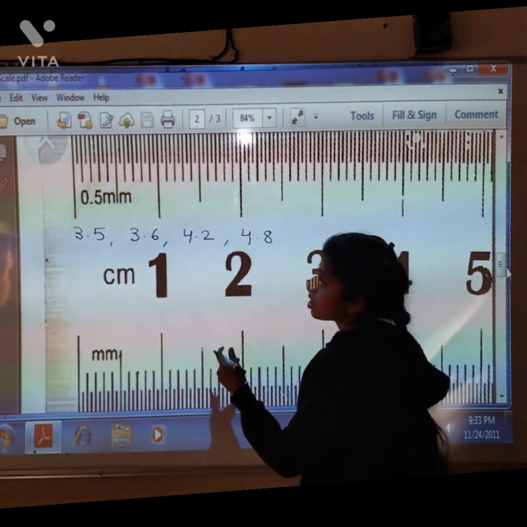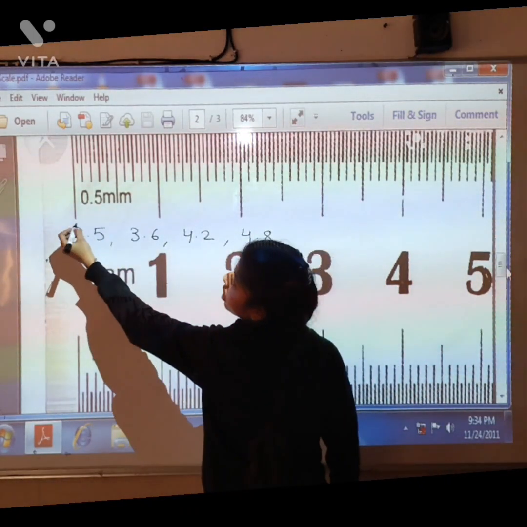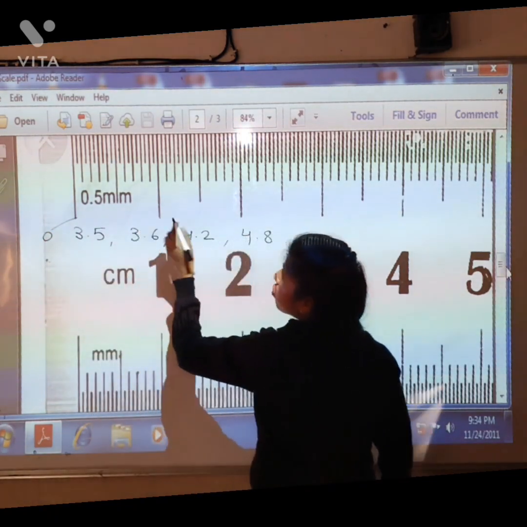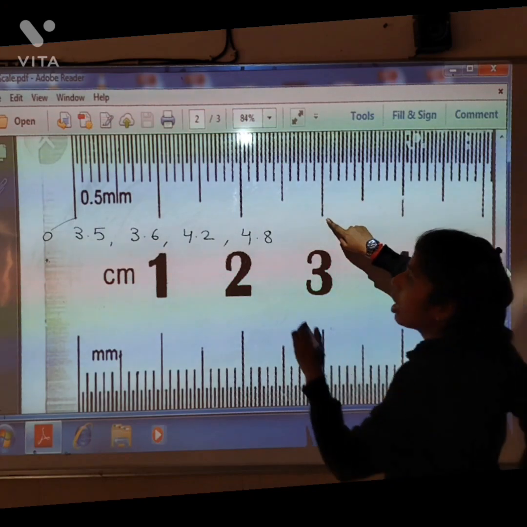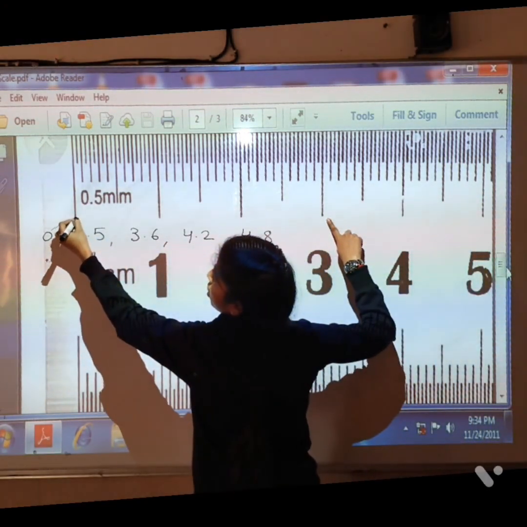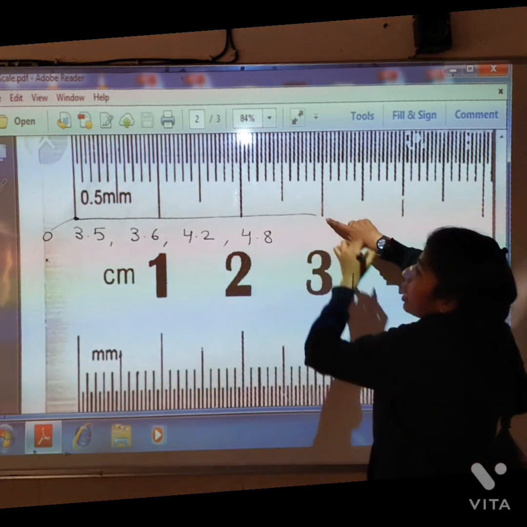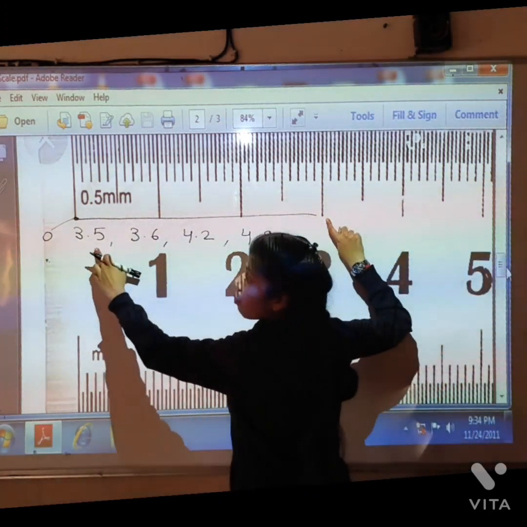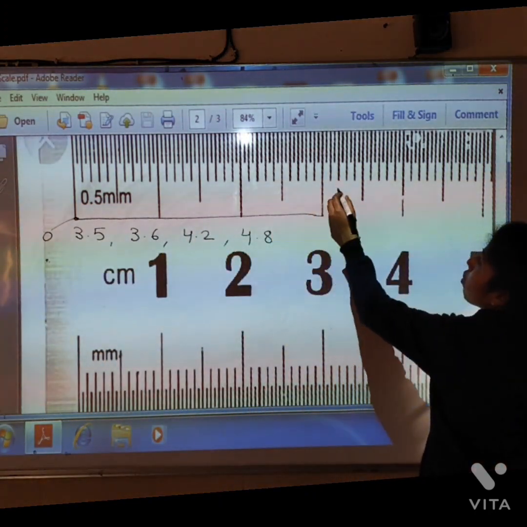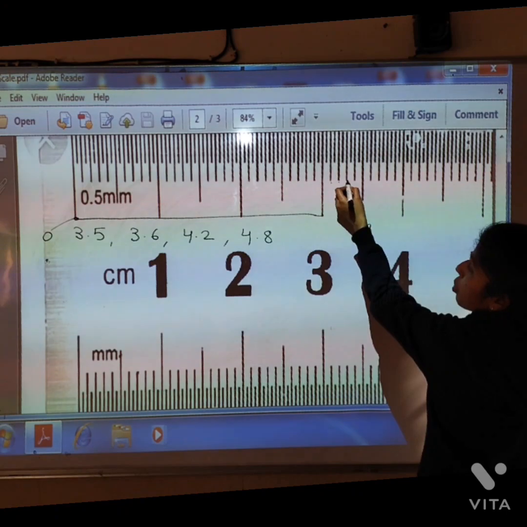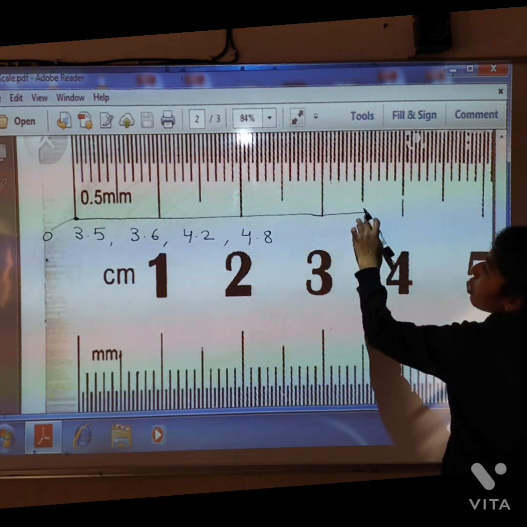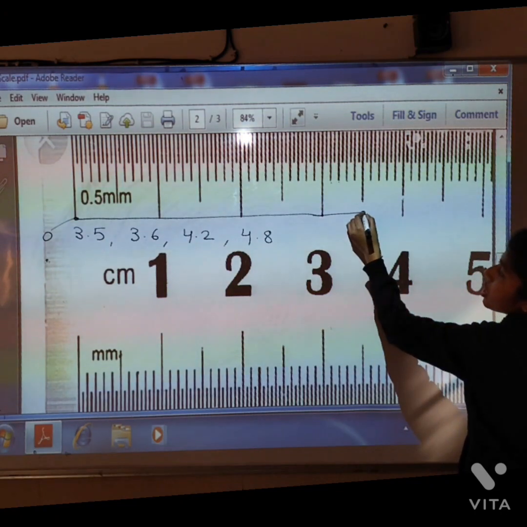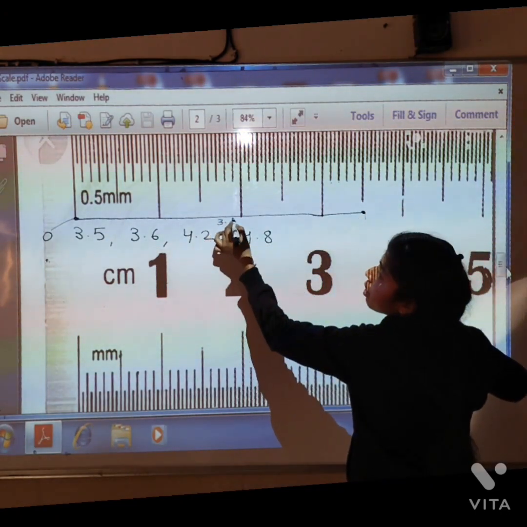As you know, on this scale this is 0 and this is 1, 2. For 3.5, you start a line from 0 and go straight till 3, and the next is 0.5. You go 0.1, 0.2, 0.3, 0.4 and this is 0.5. So you go straight till 0.5 here. This is the line segment of 3.5.